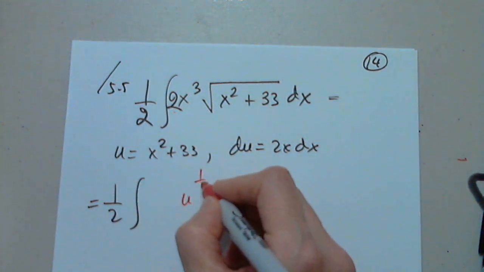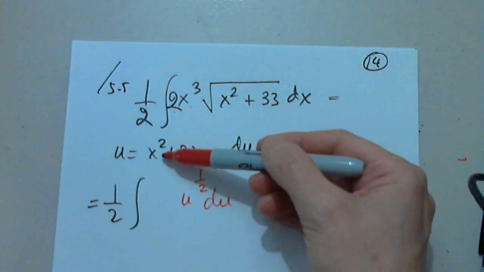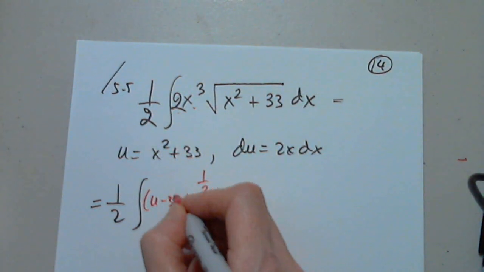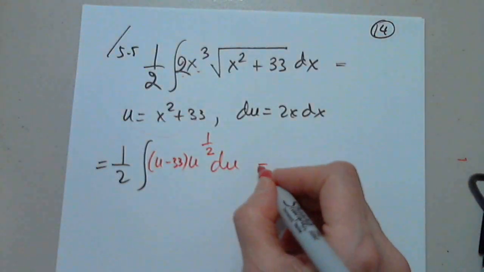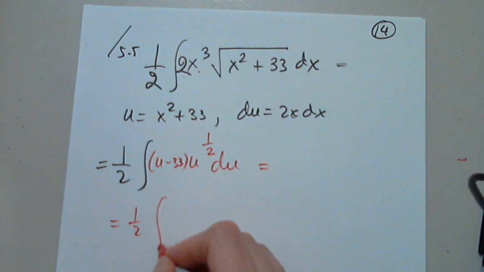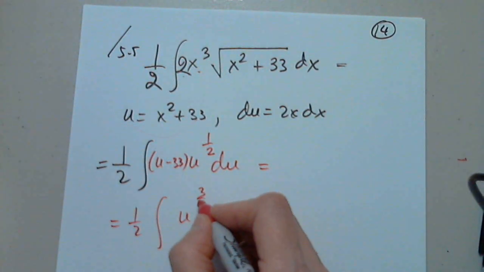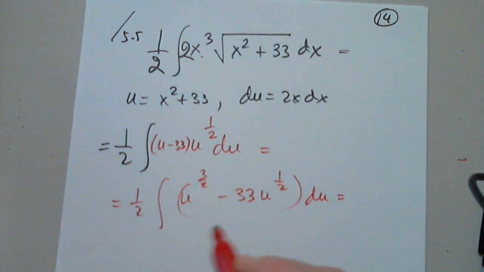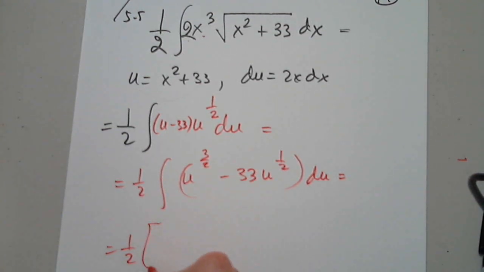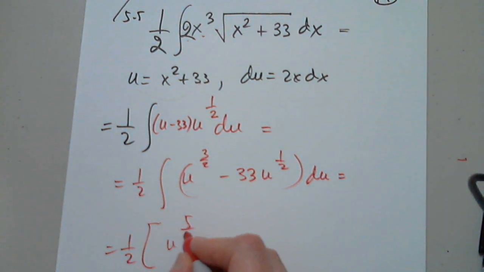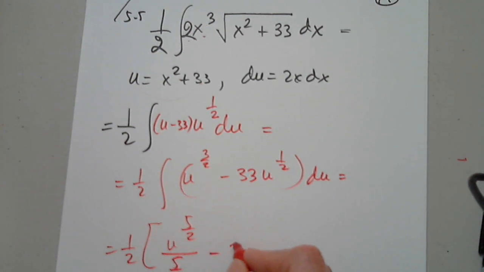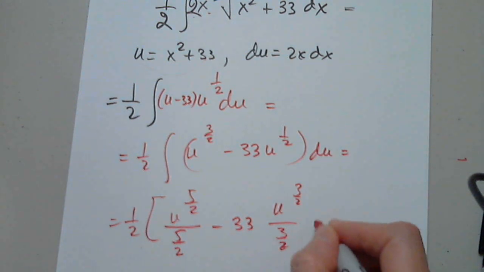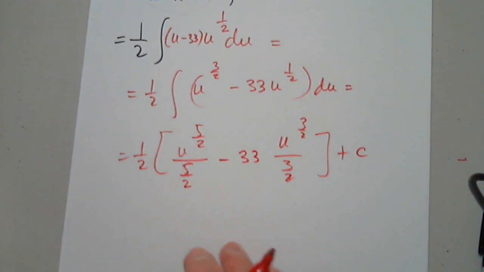This is the u to 1/2, but we also have a remainder of x squared in here, which will be u minus 33. Then we distribute. u to 1 plus 1/2, 3/2, minus 33 u to 1/2 du. And then we have 1/2 u to 3/2 plus 1, which is 5/2, over 5/2, minus 33 u to 3/2 over 3/2 plus a constant c.